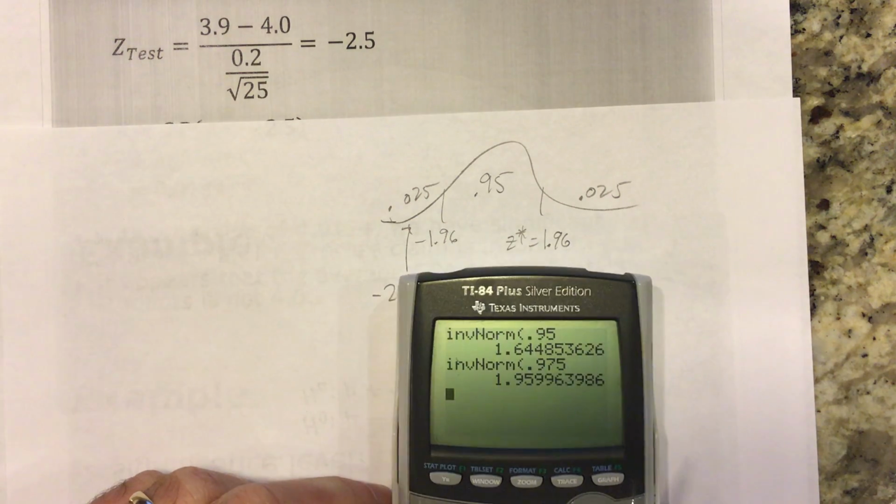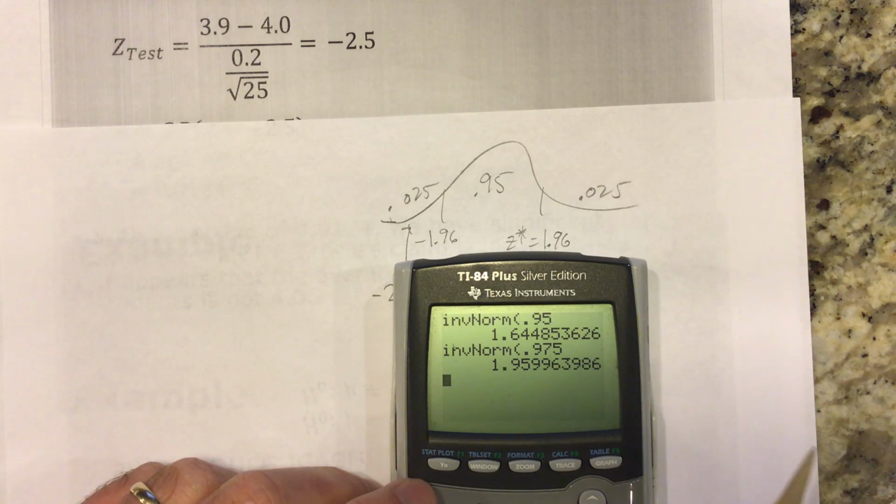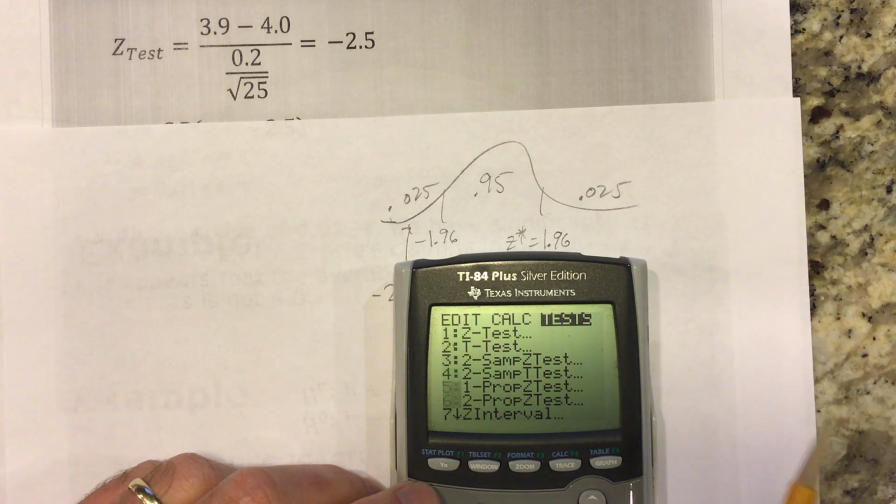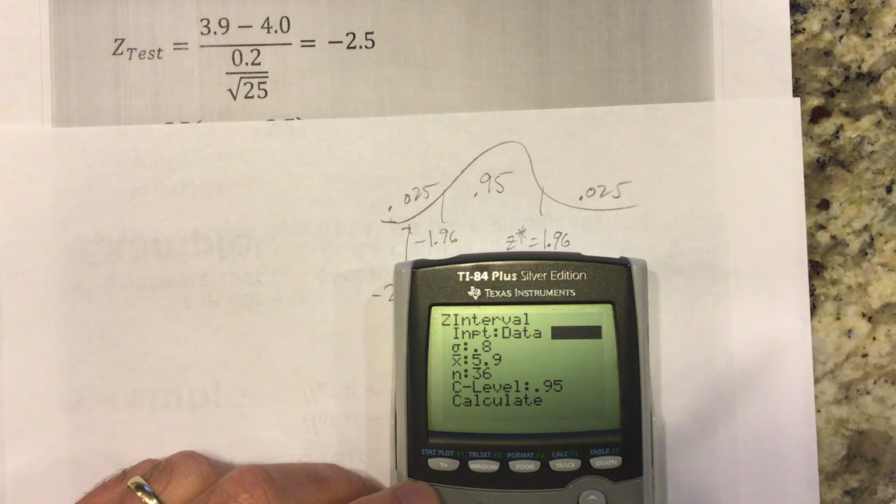So let's actually do that just to show you. Do a Z interval. Okay, again, we have stats and not the actual data. If we had the data, we would say data, it's in list 1, and then it could do the whole thing. Okay, that was 0.2, X bar was 3.9, and it was 25.